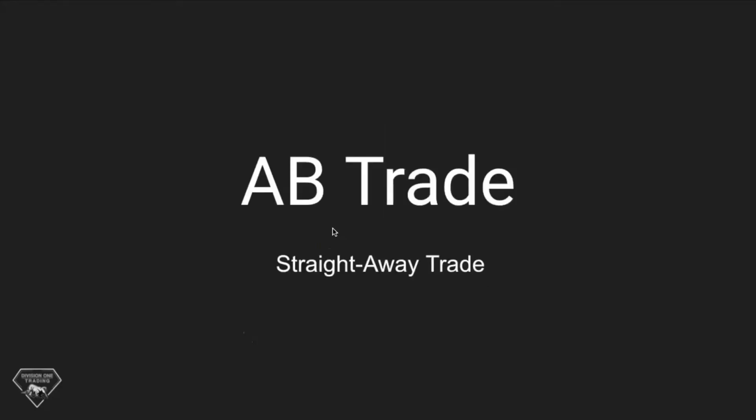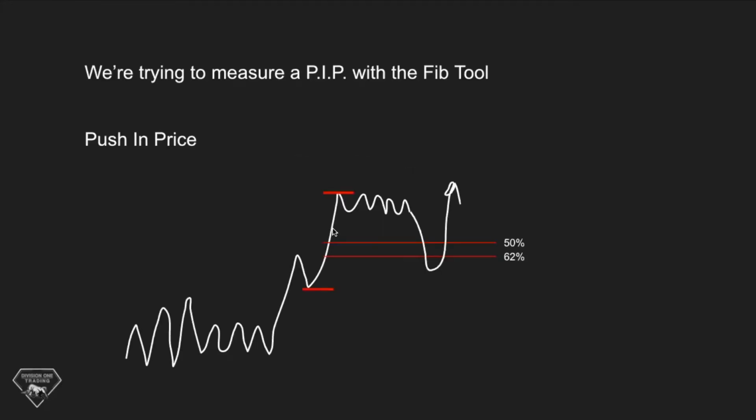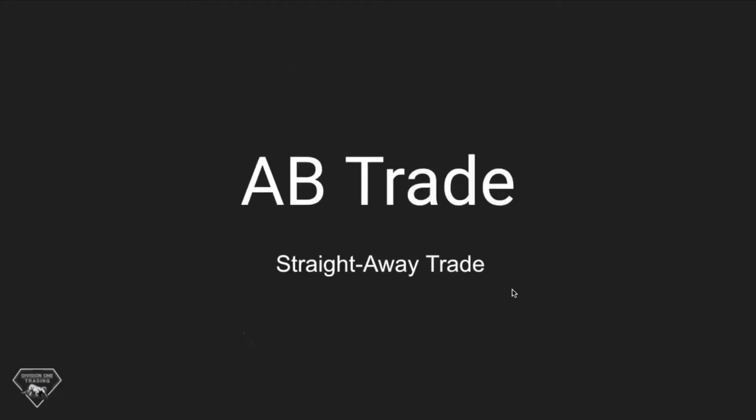So we're going to talk about the first trade using the fib, and it's going to be this setup here. Basically, you're looking for a push in the market, some level of push, and then retracement. And then we're looking to buy in here and then exit here with our stop at least here or lower.